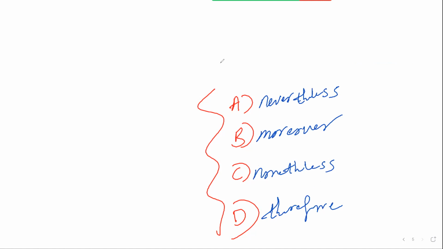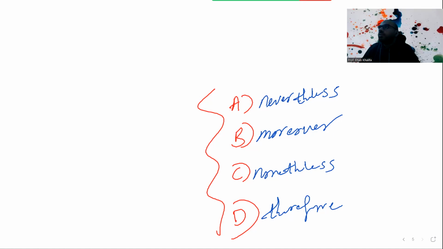Get rid of 2 answer choices. Without even looking at the text.